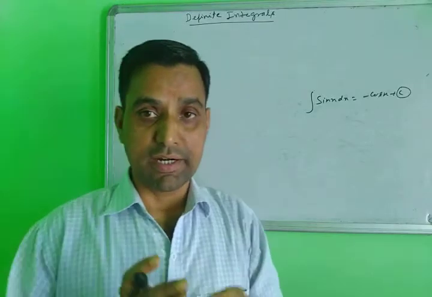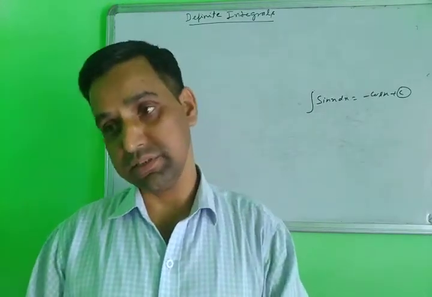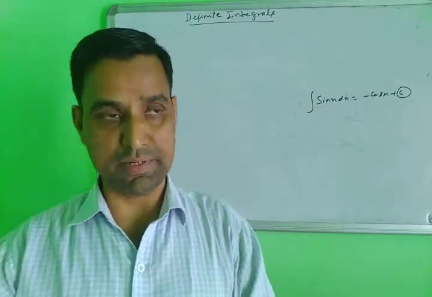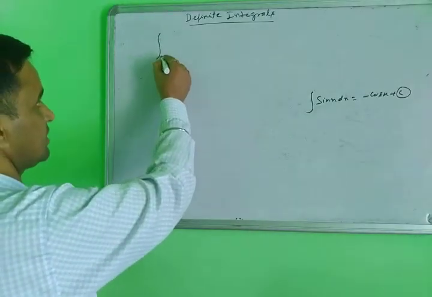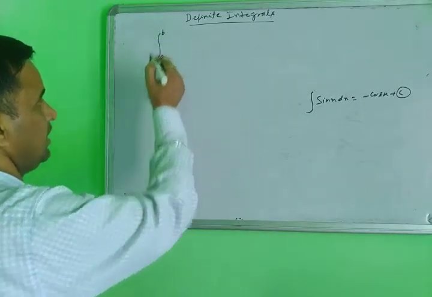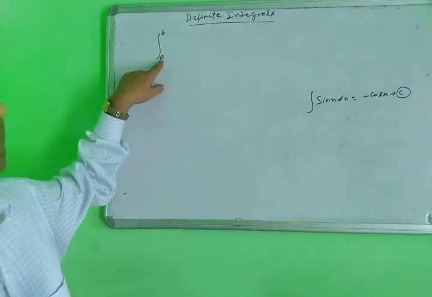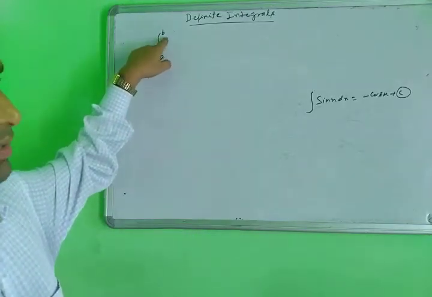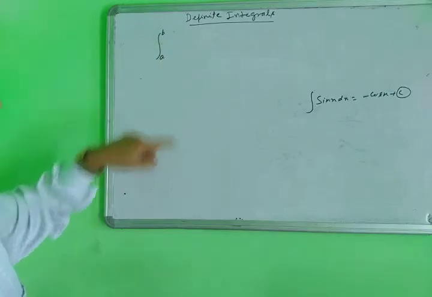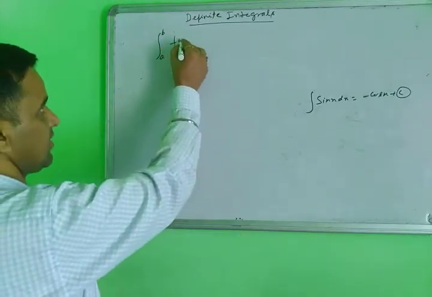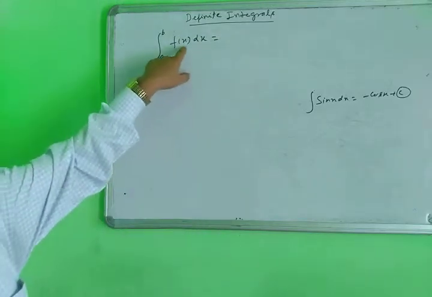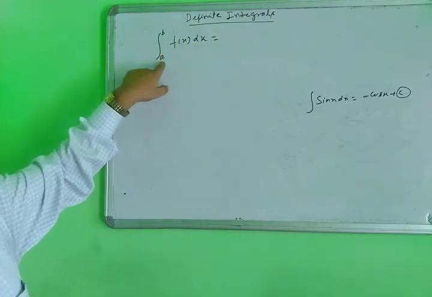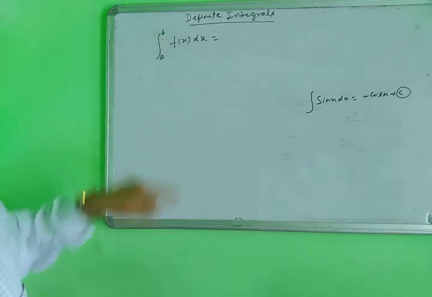Second, definite integrals have limits, a lower limit and an upper limit. Suppose you have the integration from a to b. a is called the lower limit and b is called the upper limit. Suppose you have a function f(x) and you integrate it with respect to dx with the help of the limits.